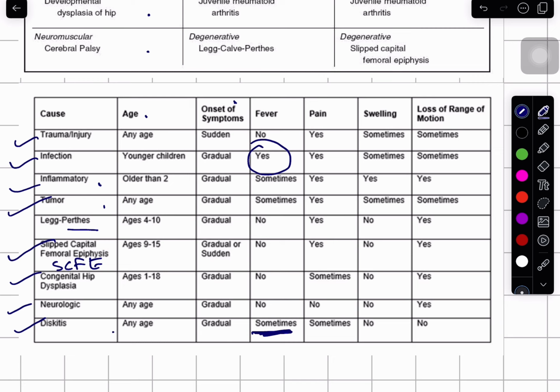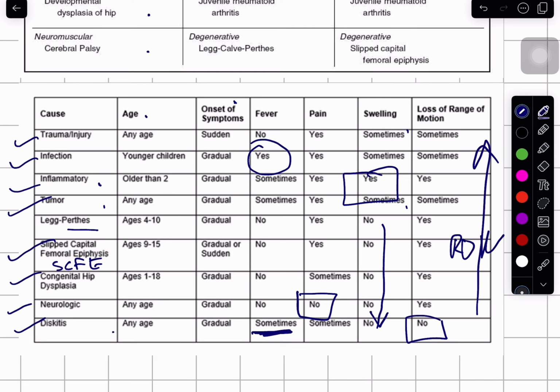And pain, there is pain in all except for neurological, there is no pain. And for swelling, we have it in inflammatory, yes, and the rest no, and sometimes in traumatic, infection, and tumor. And range of movement, except in discitis, everything has loss of range of movement.